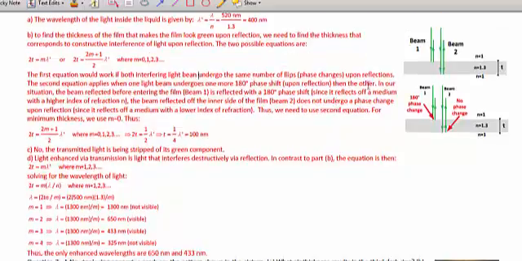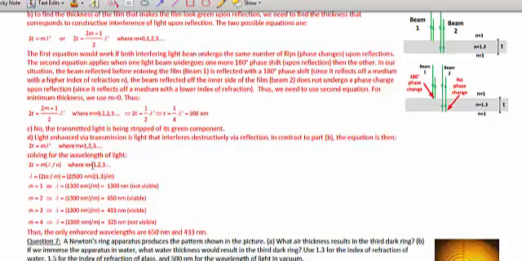So in this case, we are talking about transmitted light. So it's enhanced through transmission. So the equation is going to be opposite to what we have used for enhanced via reflection. So the expression is going to be twice t is equal to m lambda prime, where m takes integer values 1, 2, 3, and on.